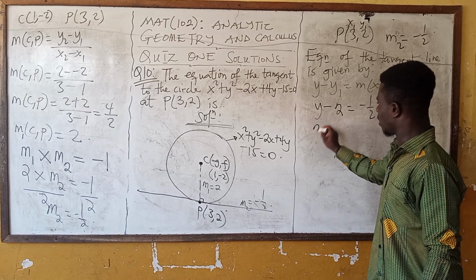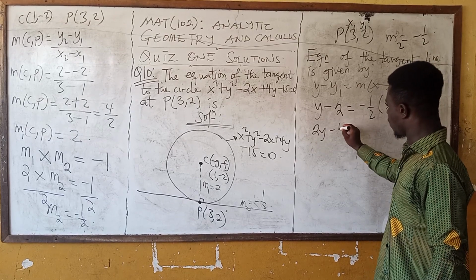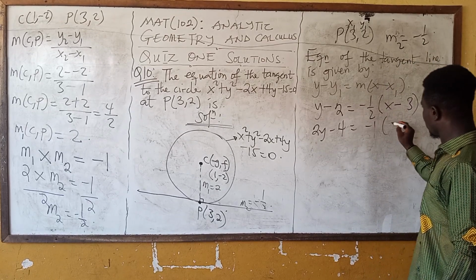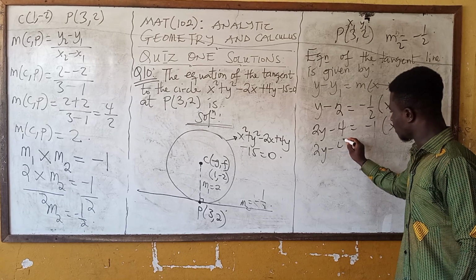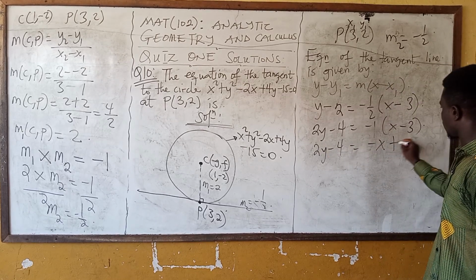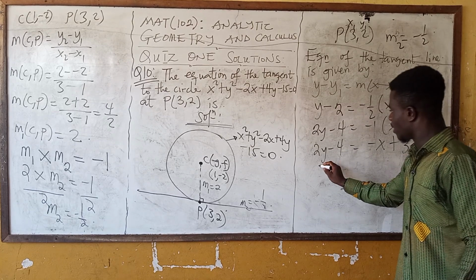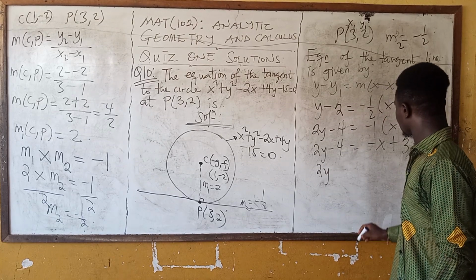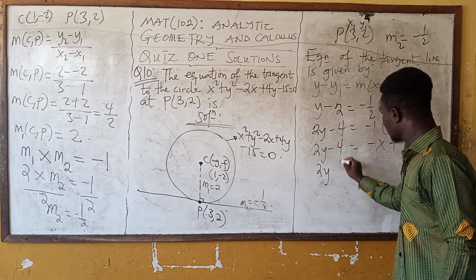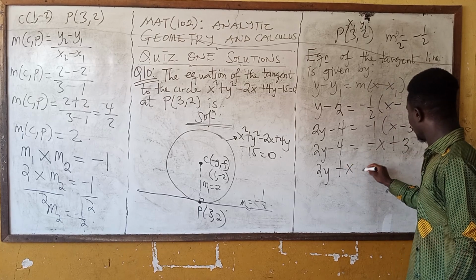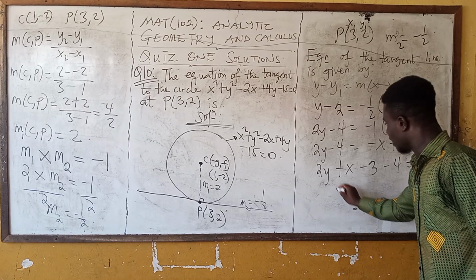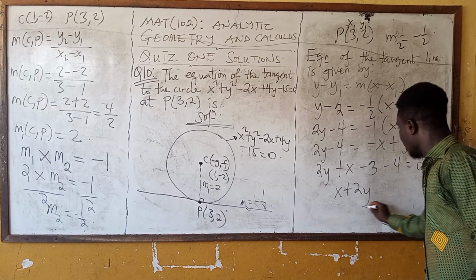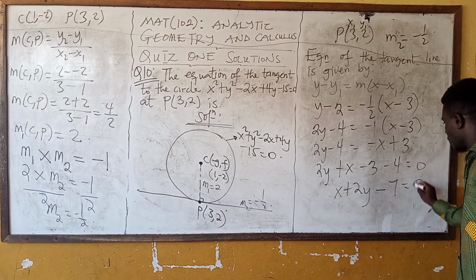So 2y minus 4 equals negative x plus 3. Then we add x, then minus 3 minus 4 equals 0. We get x plus 2y minus 7 equals 0.